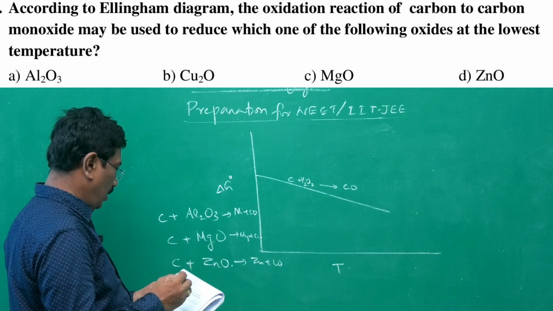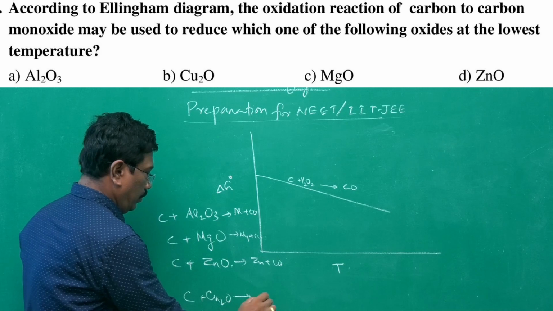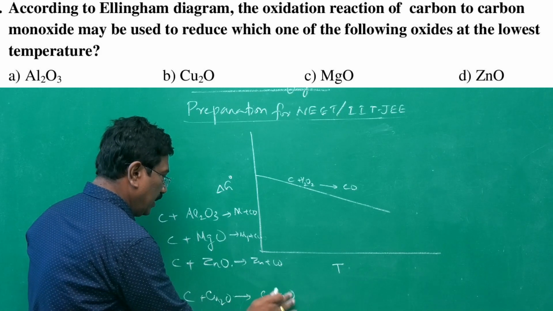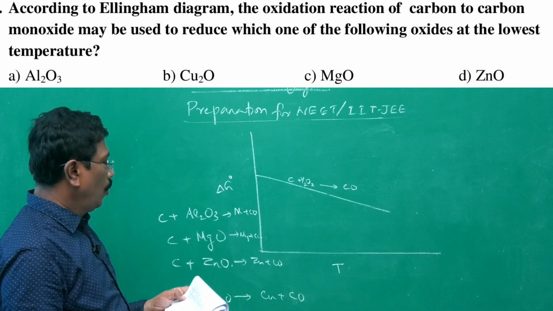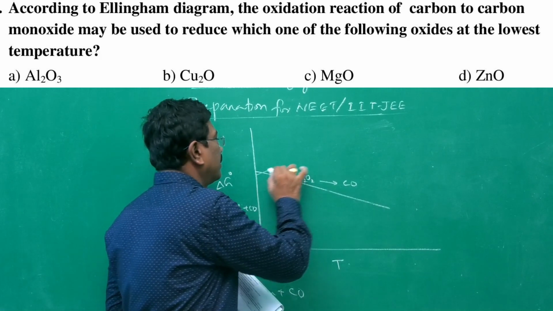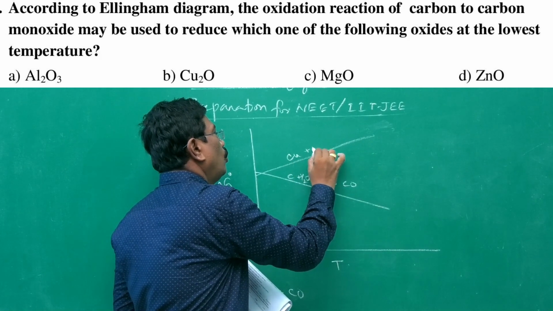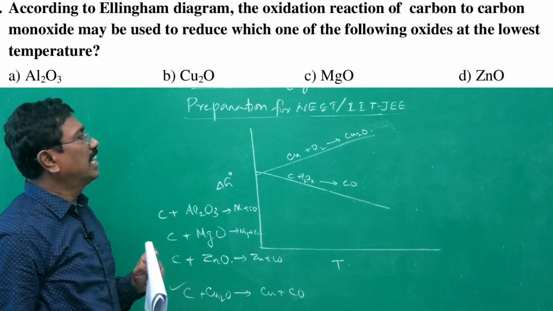And one more, Cu2O to Cu. This is possible. That's why I have written it at the last. Only for cuprous oxide, we find the graph like this. Cu plus O2 gives Cu2O. The graph goes like this.